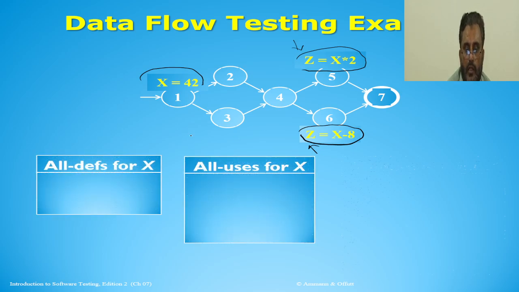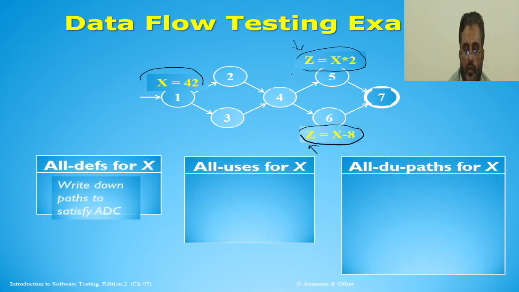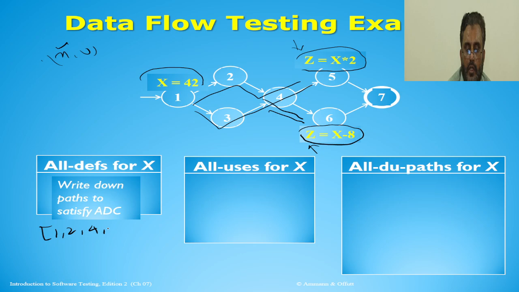So here the definition is here, and the uses are on this path, on this path, on this path, and on this path. But the definition is suggesting that I just need to consider this node and any of these 4 paths. So I, for example, can write the path 1, 2, 4, and 5.